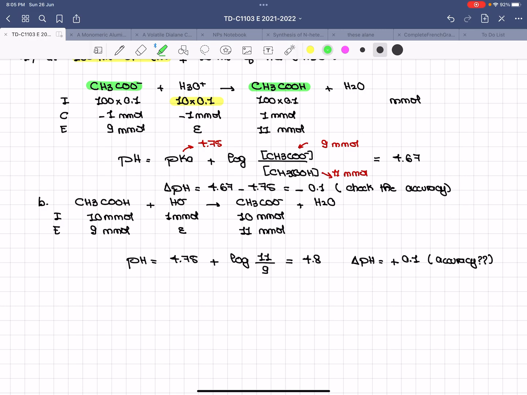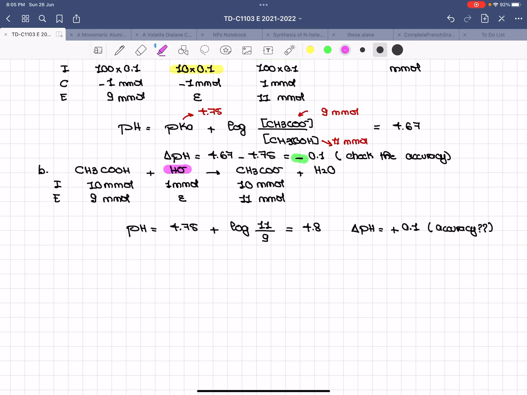It means that the pH will decrease because now the acid is a little more predominant and delta pH will be negative. However, if you add a base, the base will consume some of the acid, and it will increase the value of the conjugate base, causing the base to be a little more predominant than the acid, and delta pH will actually be positive.